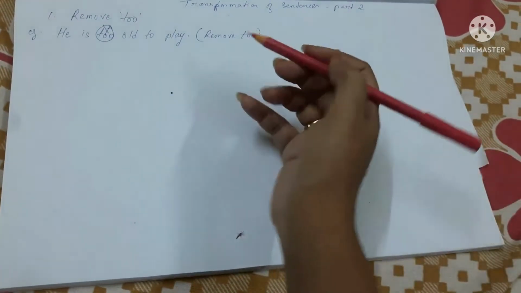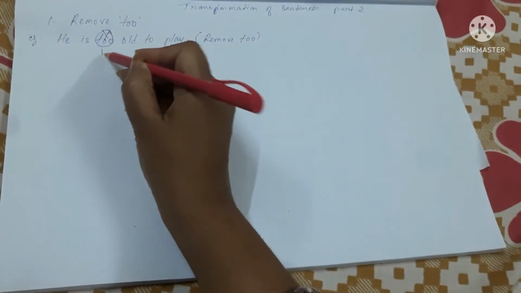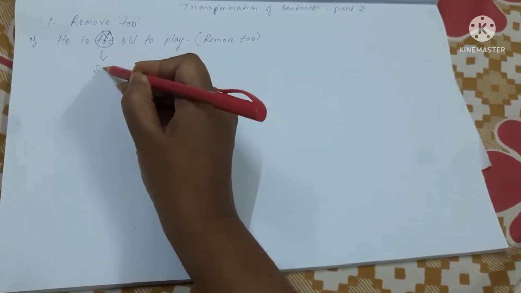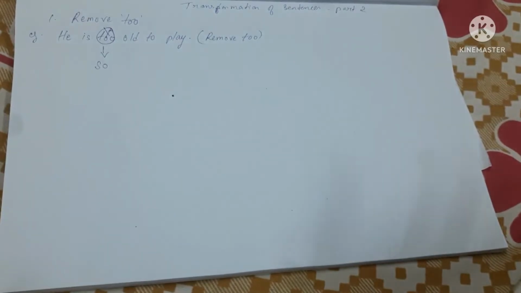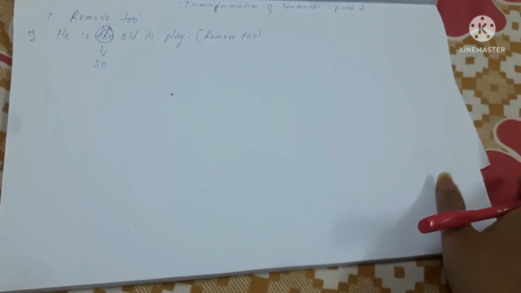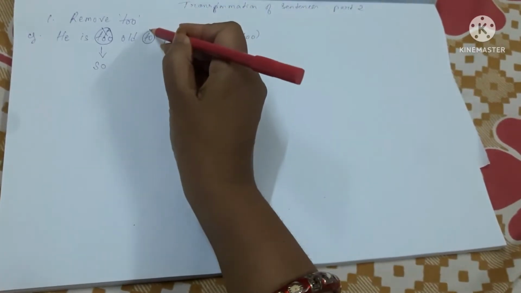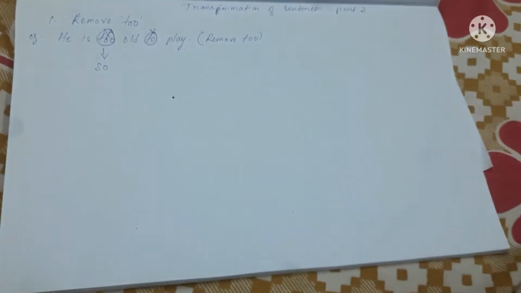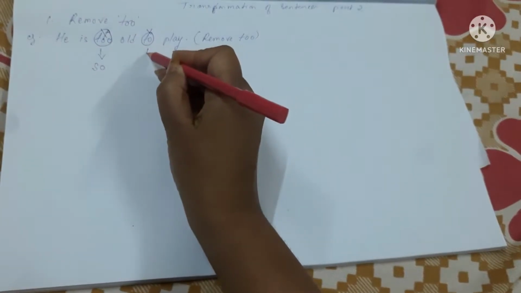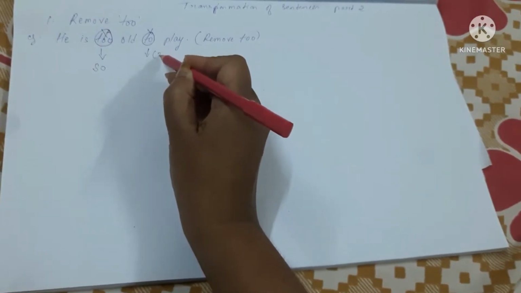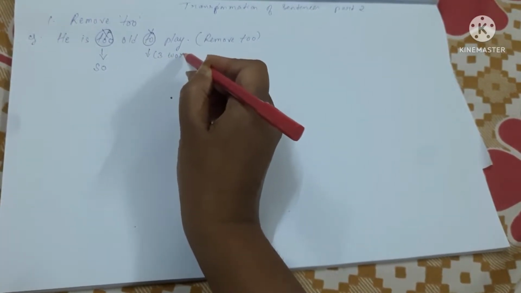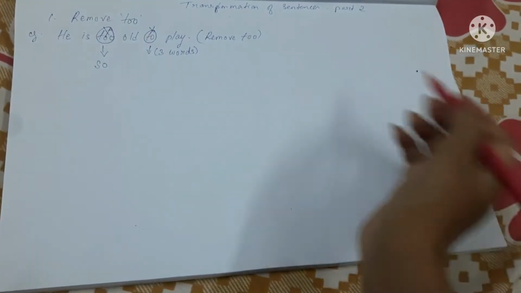So in place of too, you have to write so. Now, you also have to remove this to, and in place of this to, you have to write three words. Let's see what the three words are.